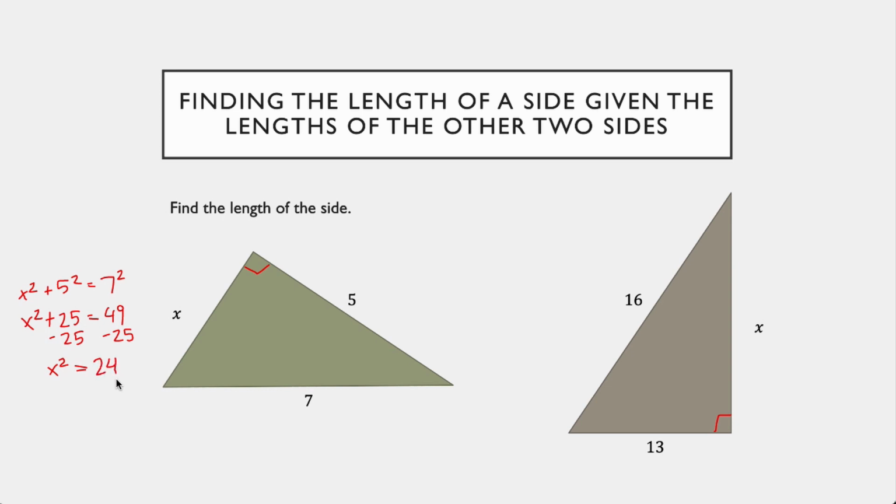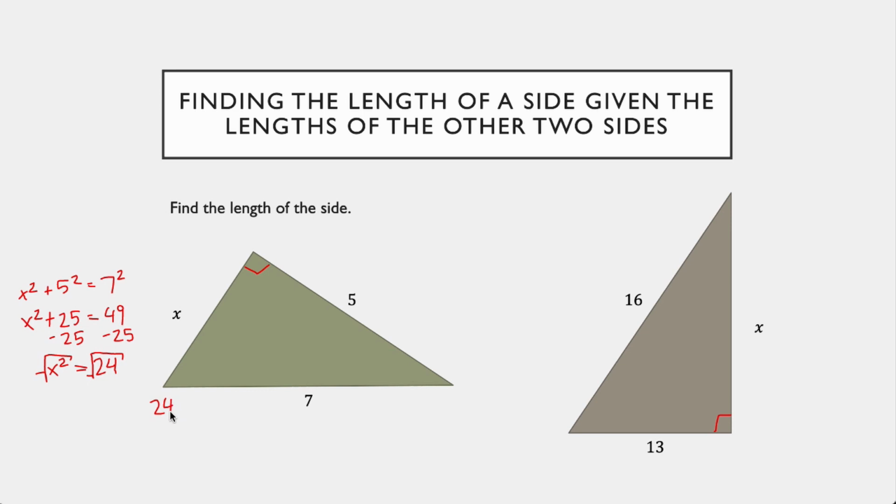Again, that's not a perfect square, but it was close. So let's take the square root, the principal root, of both sides. And let's simplify this, if we can, by using that factor tree again.